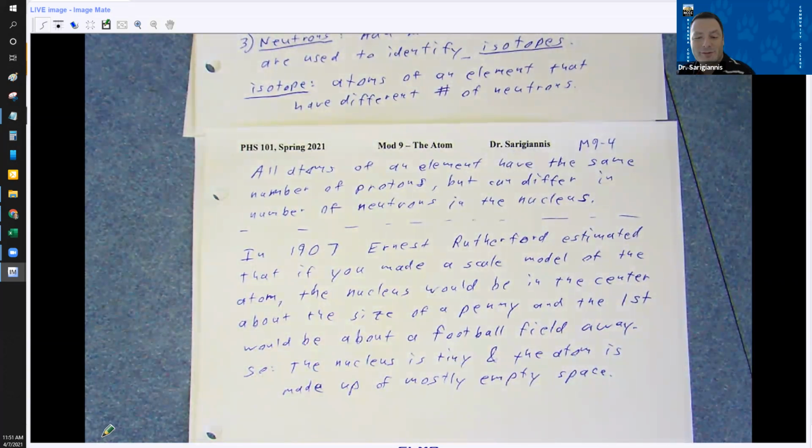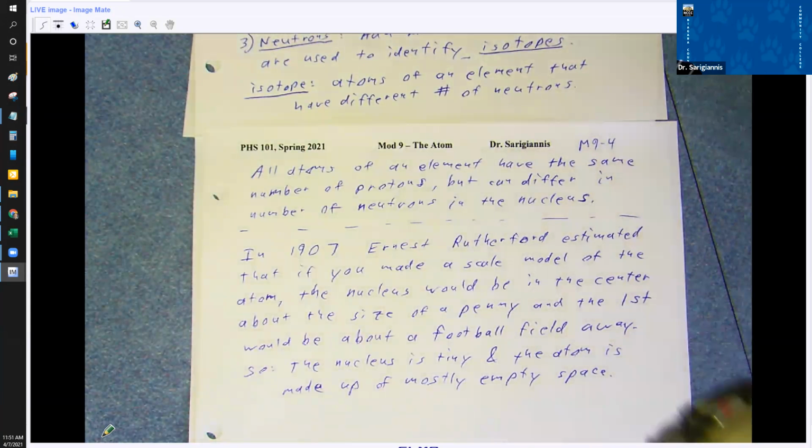There's an experiment Rutherford ran. I can't remember if I talked about it in the notes. It's mentioned in the textbook, and there's a video on it online, and in the actual material. So you can go ahead and watch that video.